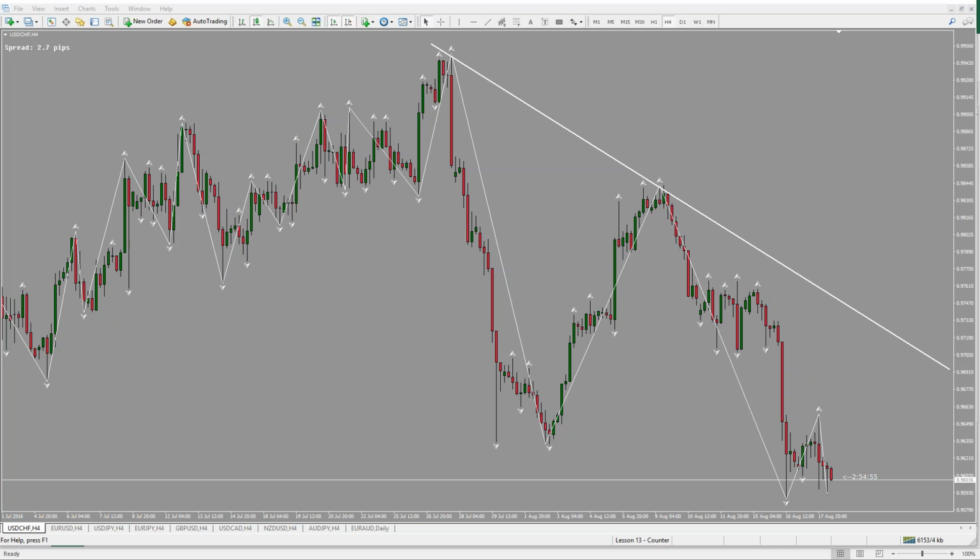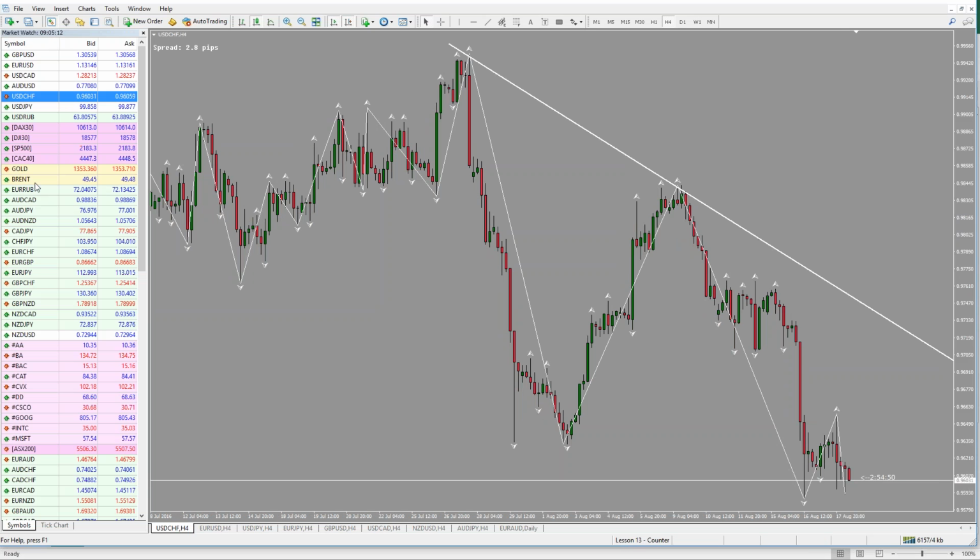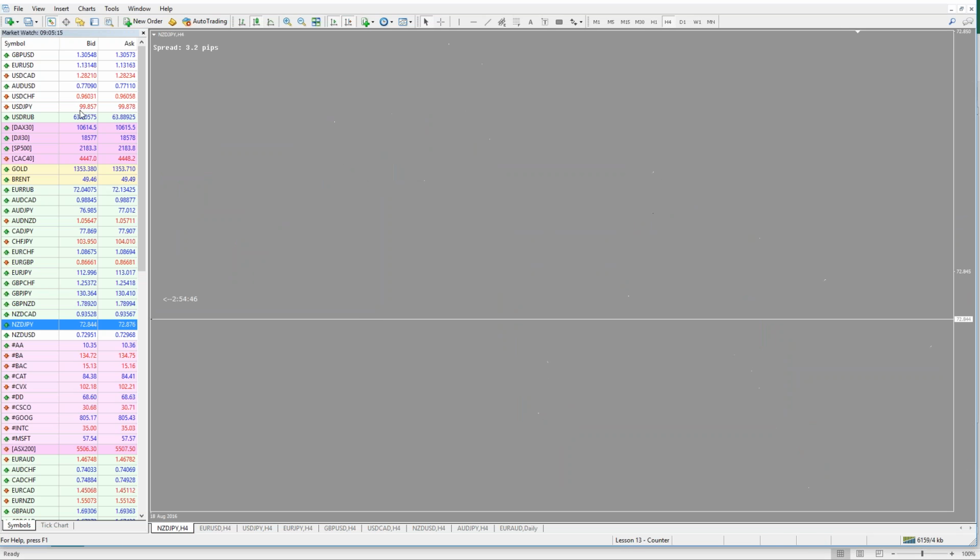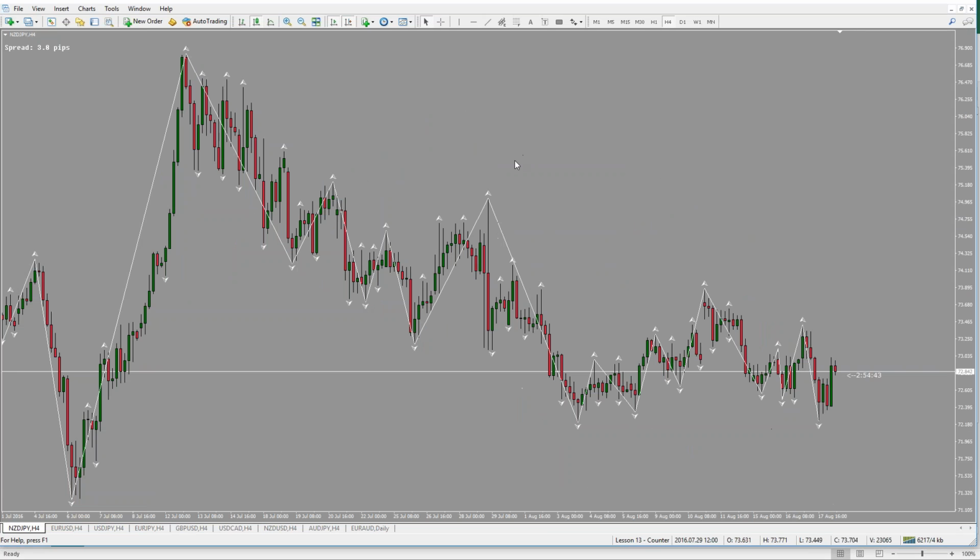So let me have a look at another chart. Someone's saying Kiwi Yen. Kiwi Yen. Let me zoom in a bit.